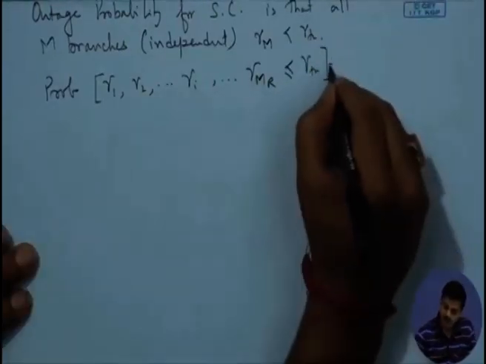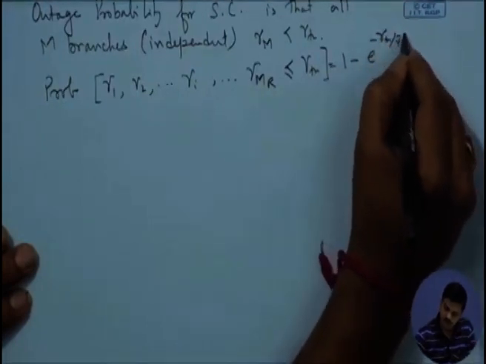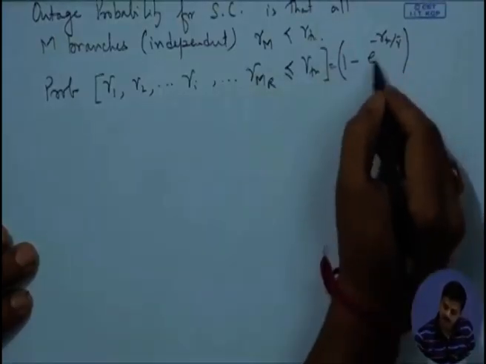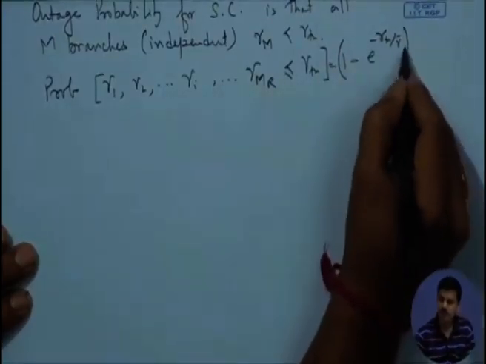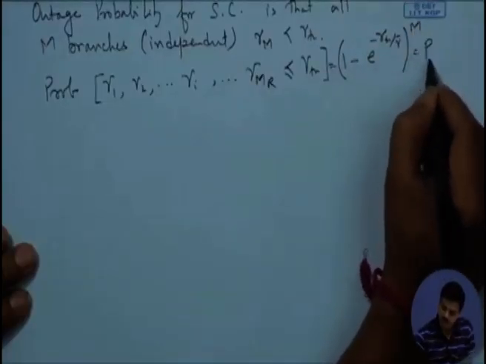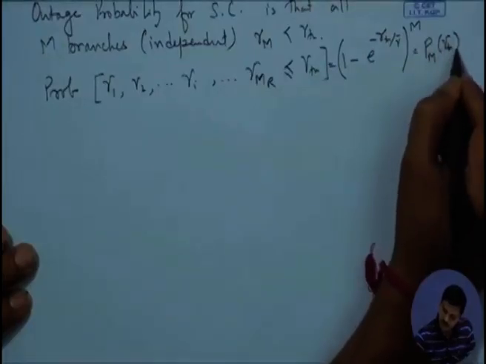If they are all independent, this will be 1 minus e to the power of minus gamma threshold by gamma bar multiplied by that of the second, third and fourth, so it would be raised to the power of M. So, this is the outage probability for selection combining given a certain threshold.